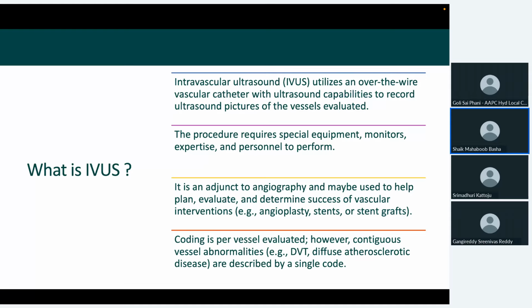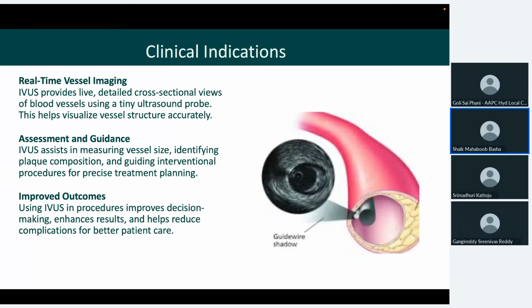Generally, intravascular ultrasound is done whenever the patient has DVTs and some atherosclerotic diseases in the lower extremity. Here you may get the clinical indications. What are the clinical indications behind it? To get real-time visual imaging, assessment and guidance, to improve the outcomes. This intravascular ultrasound provides live, detailed cross-sectional views of blood vessels using a tiny ultrasound probe, as shown in the picture.